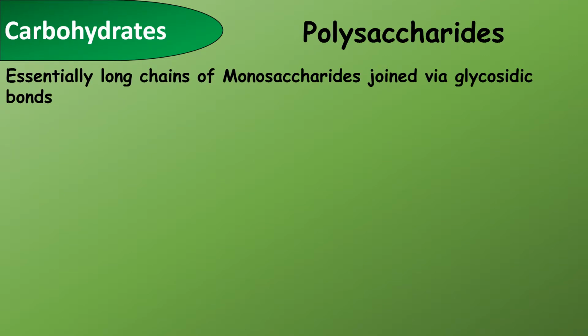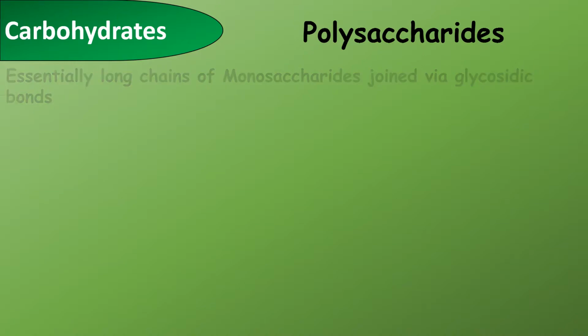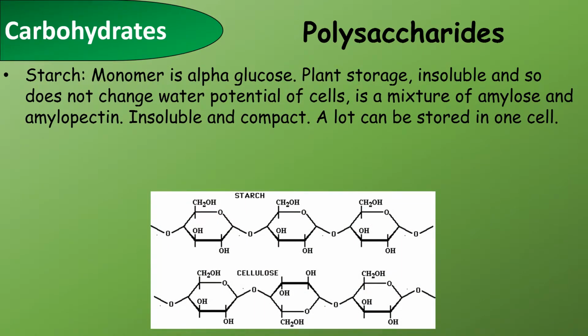Right, polysaccharides are basically long chains of monosaccharides joined together by glycosidic bonds. So starch: the monomer is alpha-glucose, it is a plant storage molecule and insoluble, so it does not change the water potential of cells when it is produced in plants.